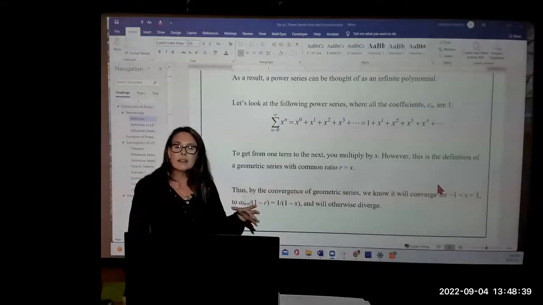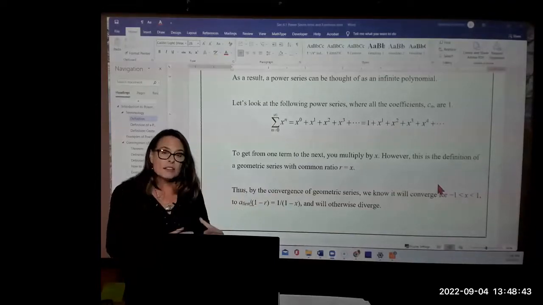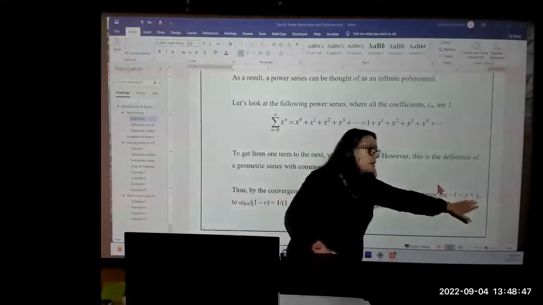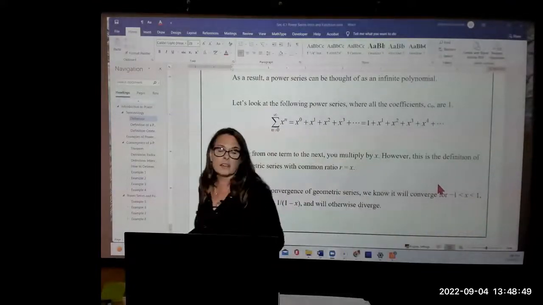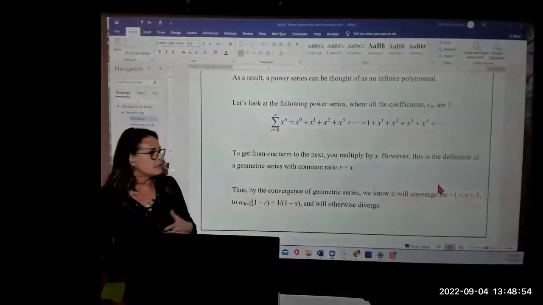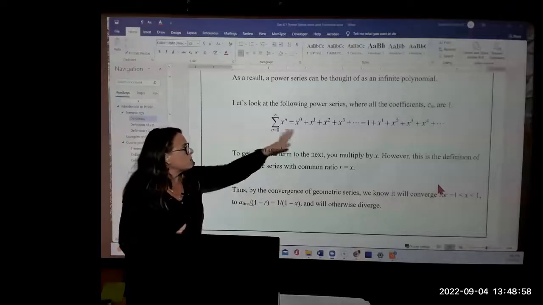Now, again, we're allowed to choose different values for x as long as they stay in that interval of convergence, that x between -1 and 1. So I could choose x to be -1/2, or I could choose x to be 2/3, or x to be 1/5. And then I could substitute that value in up here.